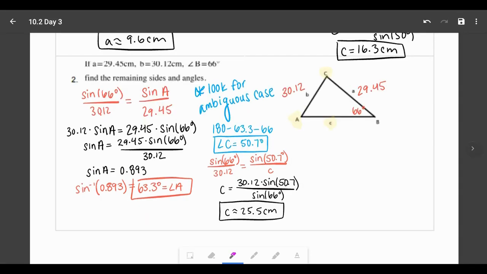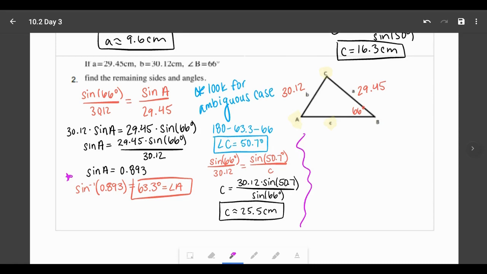Now that we have our first triangle found, what we need to do is go and look for that second case triangle, because we do have a side-side angle as our given information. So what we are going to do is backtrack to the first piece of information that we found for the first triangle, where we said that angle A was 63.3 degrees.